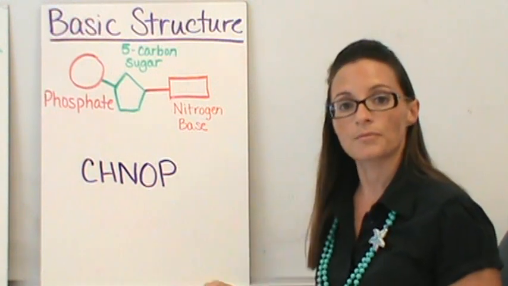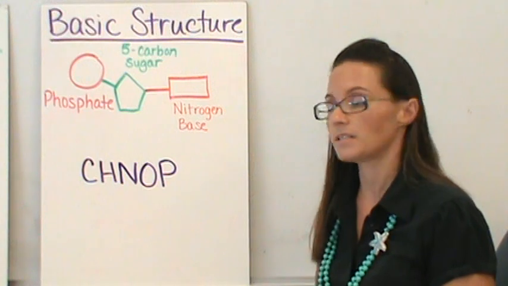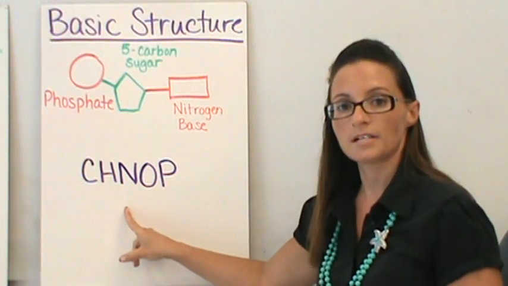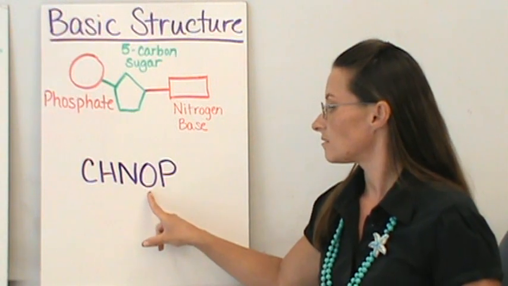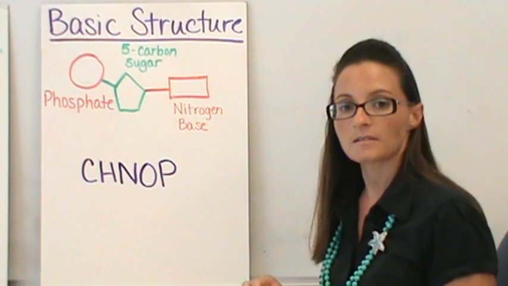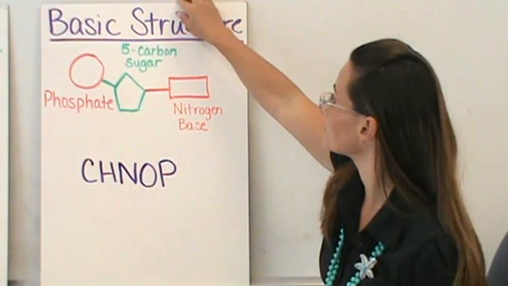And again, the 5 atoms that are in nucleic acids are carbon, hydrogen, nitrogen, oxygen, and phosphorus.